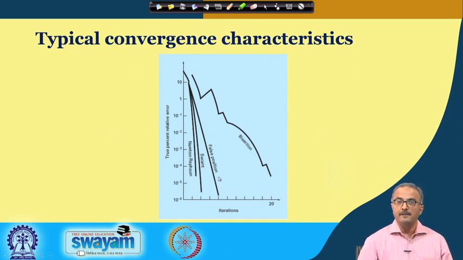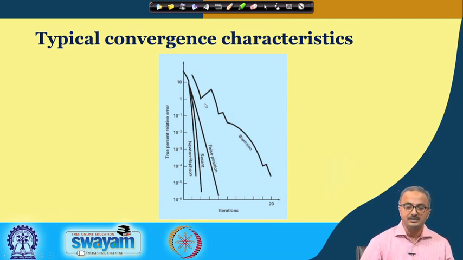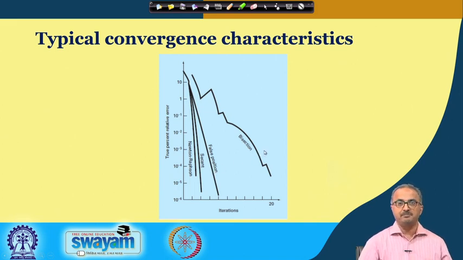Now when you go to the method of false position, that is the regular falsi method, even though you are bracketing the root, it is converging monotonically and it is better than the bisection method. That means in both the regular falsi method and bisection search, even though there is bracketing, the bracketing is not really increasing the speed.